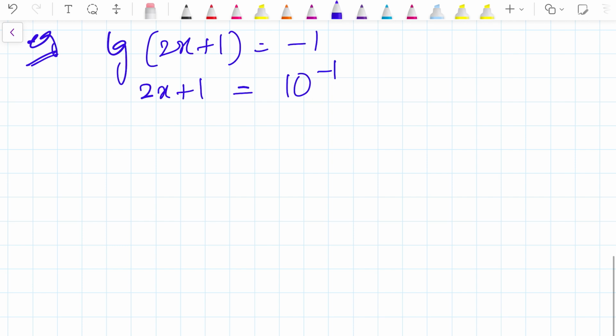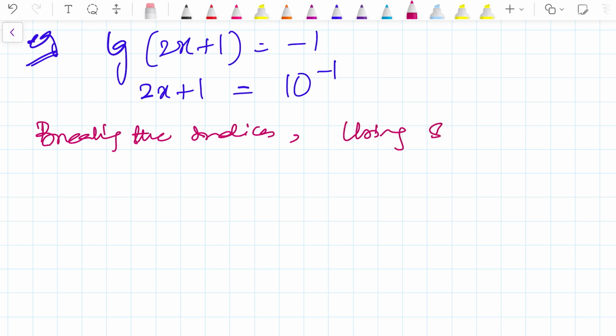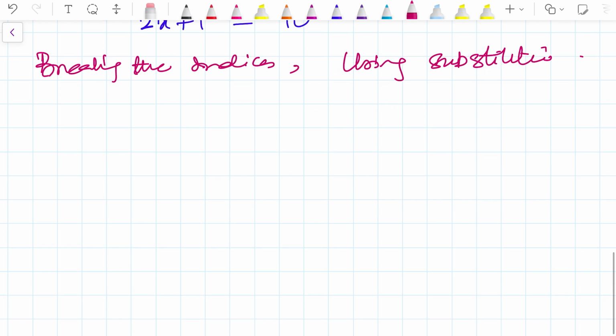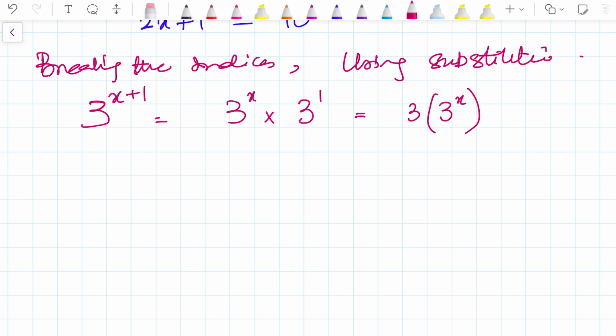All right, now another important thing is breaking the indices and using substitution. If you have 3 power x plus 1, you can write it as 3 power x into 3 power 1, which is like 3 into 3 power x. So you should know how to break the indices.